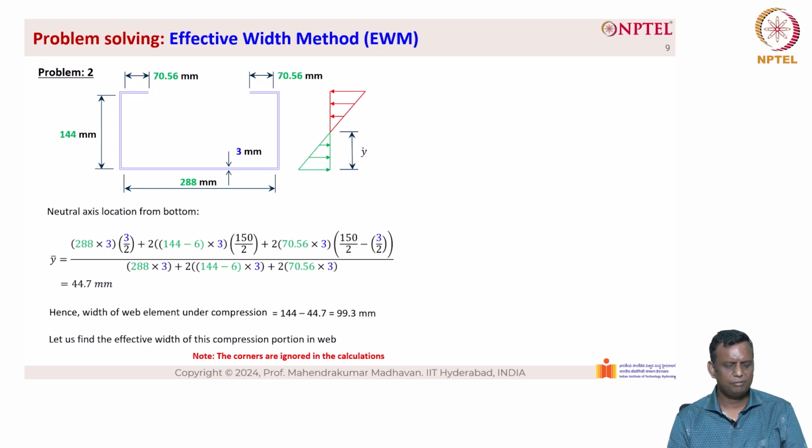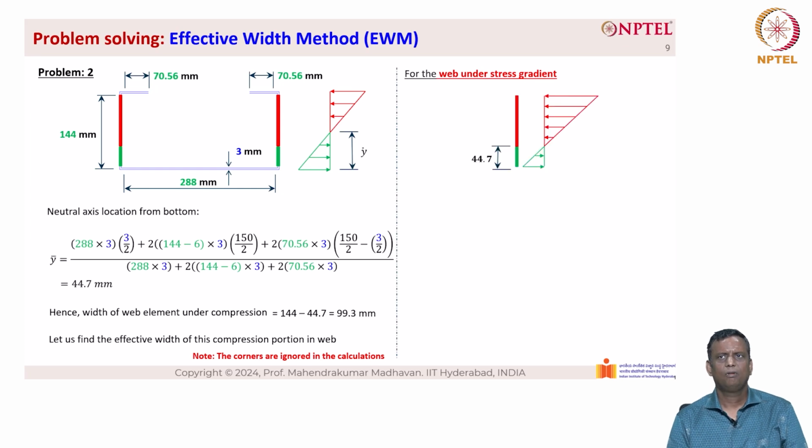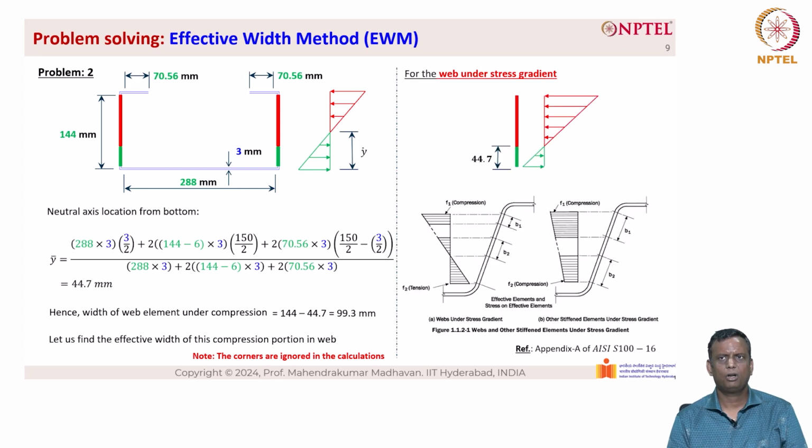So now let us find out the effective width of this compression portion in the web. We have identified the portion that is under compression, which is 99.3, and we need to find out how much of this 99.3 is effective. For the web under stress gradient, we have this kind of stress plot here. When we look at Appendix A of AISI S100, which clearly defines the compression as well as the tension portions, for the elements under compression the stress gradient is given as B1 and B2.